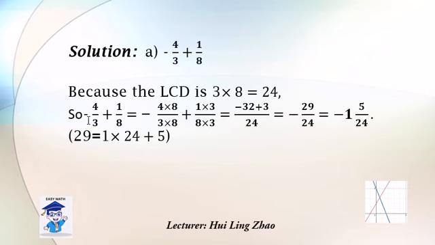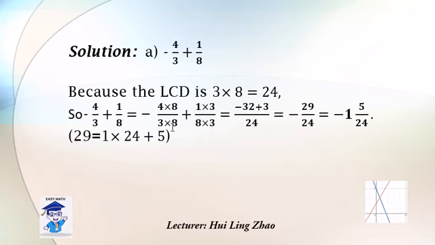the first term is negative 4 over 3. So we have to multiply by 8, right? So that is negative 4 times 8 over 3 times 8. The second term we multiply by 3, right? So plus 1 times 3 over 8 times 3.